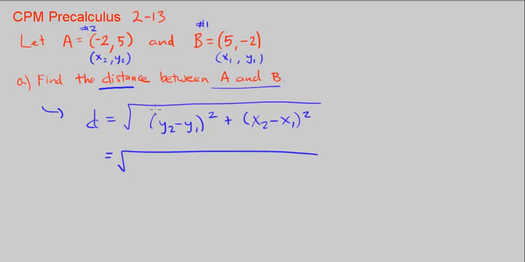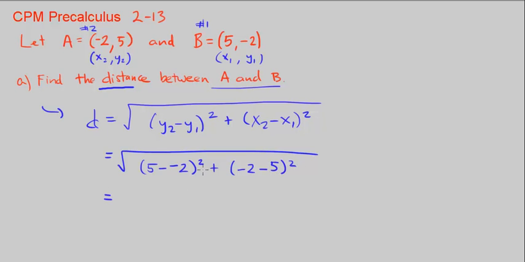So y2, I look up here, y2 is 5, from point number 2, the y value. So we have 5 minus y1, from point number 1, the y value is -2, squared. Don't forget the square. Plus x2, point number 2's x value is -2, minus x1, which is 5, again squared.